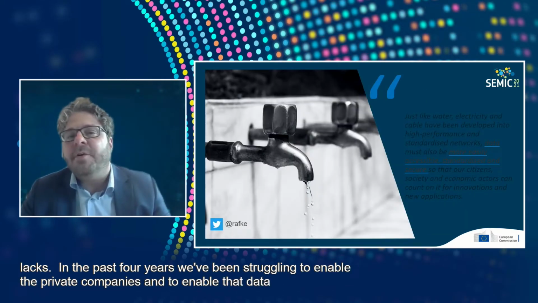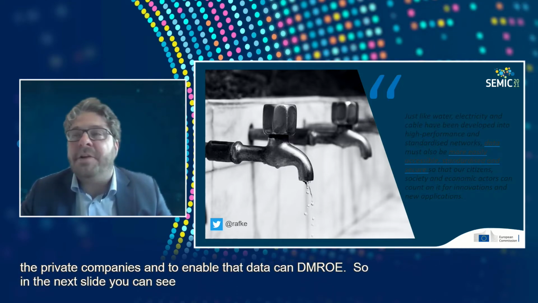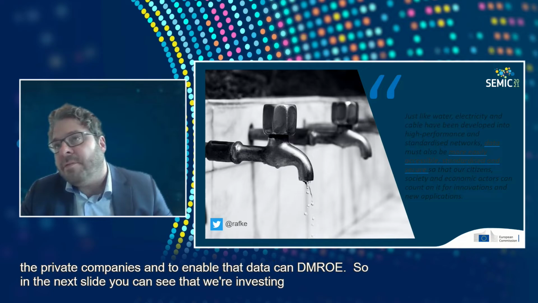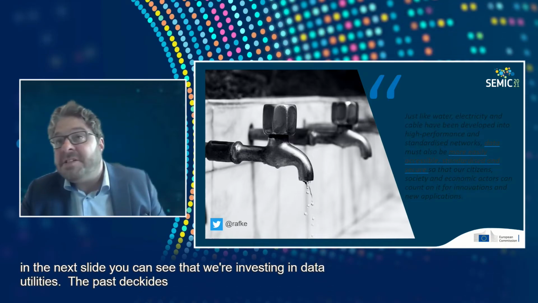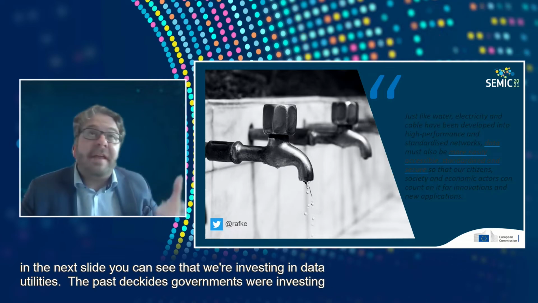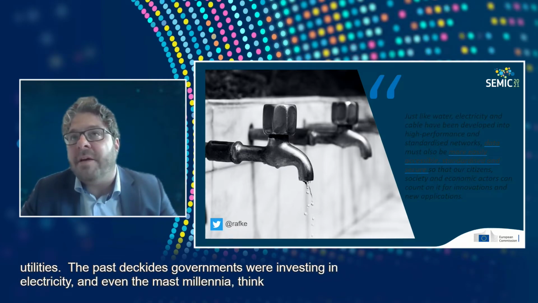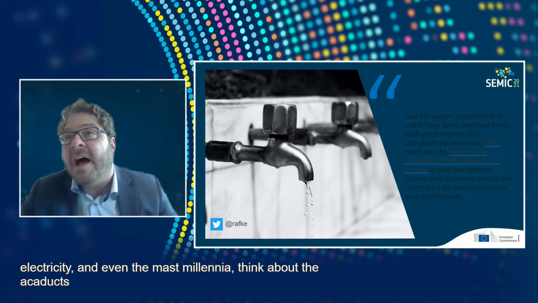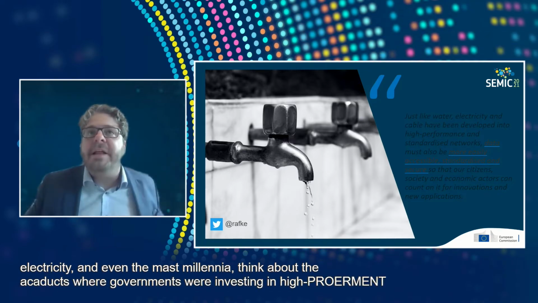So in the next slide, you can see that Flanders is now investing in data utilities. The past decades, governments were investing in gas and electricity, and even in the past millennia, think about the Romans and the aqueducts, where governments were investing in high-performance networks of water. So these are real utilities.